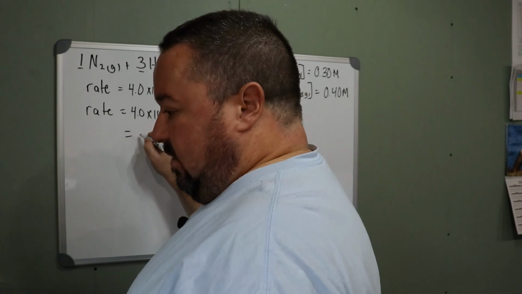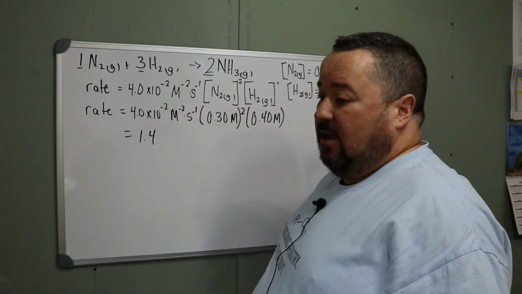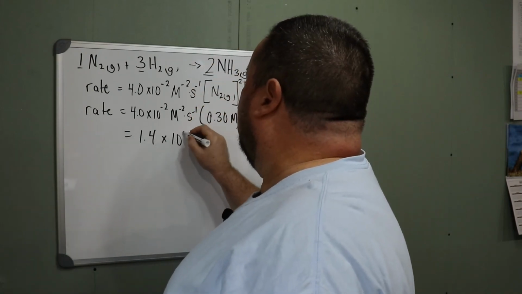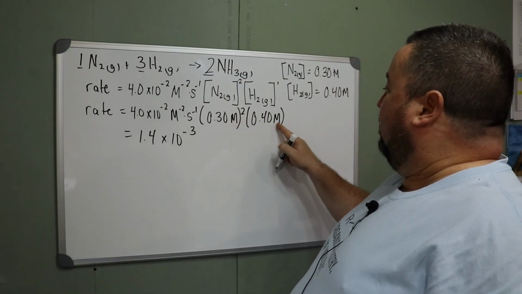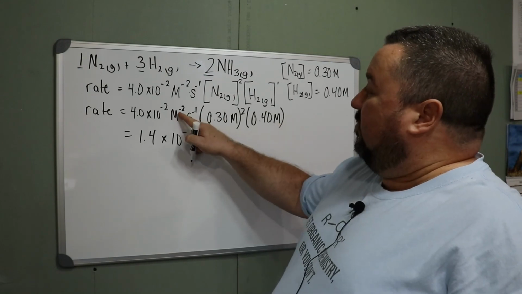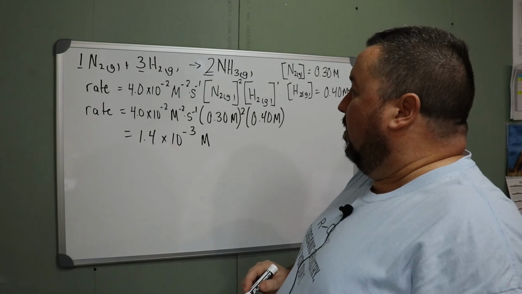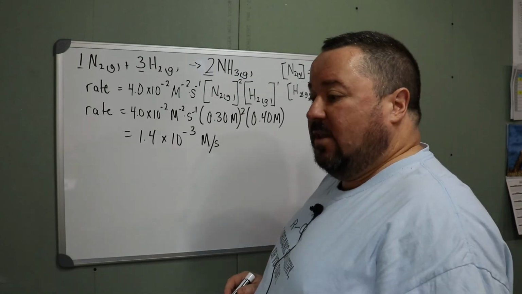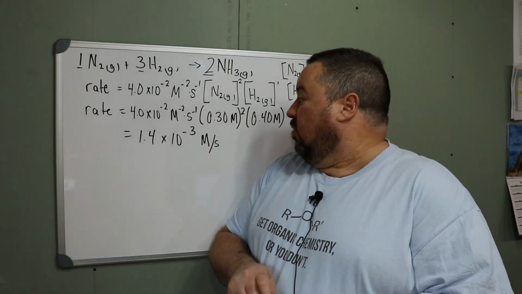So I get 1.4, don't forget the operation here is multiplication. 1.4 times 10 to the negative 3. My unit's mole per liter squared, mole times mole per liter is mole per liter cubed, and then times negative 2 will give me moles per liter to the positive 1. So mole per liter per second, which is exactly what I was expecting. 1.4 times 10 to the negative 3 molar per second.